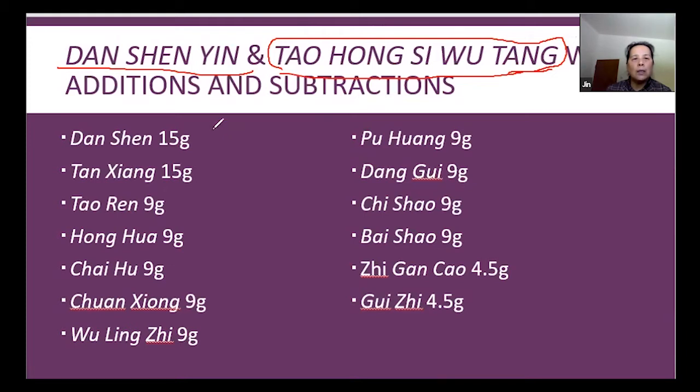We have qi-moving and blood-moving herbs in these two formulas. So that's basically the formula we talked about before already.